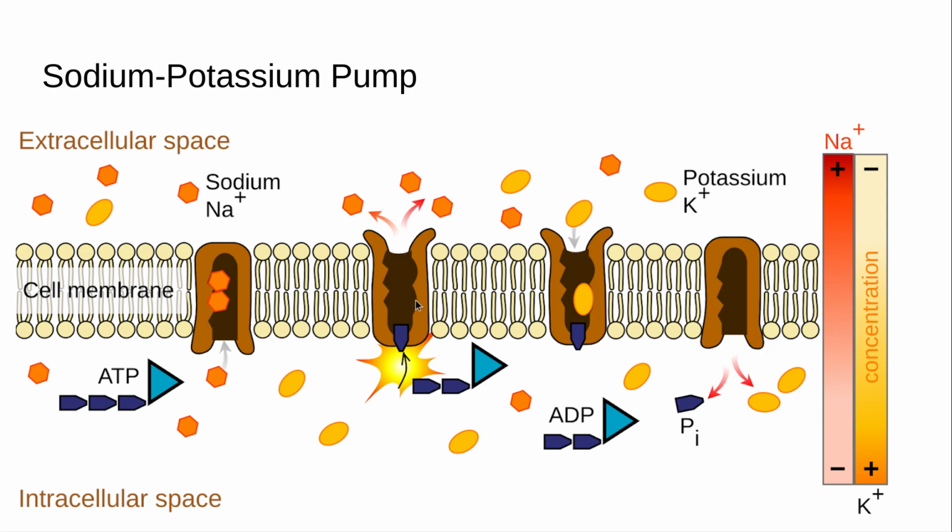The pump basically carries it from one side to the other side against the concentration gradient, and that causes a physical change in the shape of the pump, so that potassium is able to bind, and then the potassium is pumped out on the other side against its own concentration gradient.